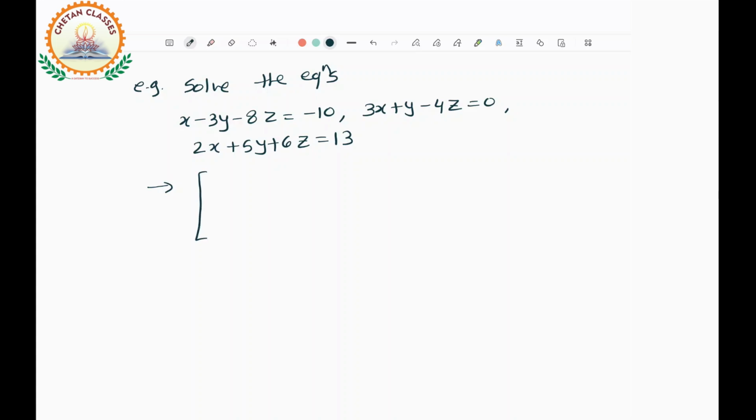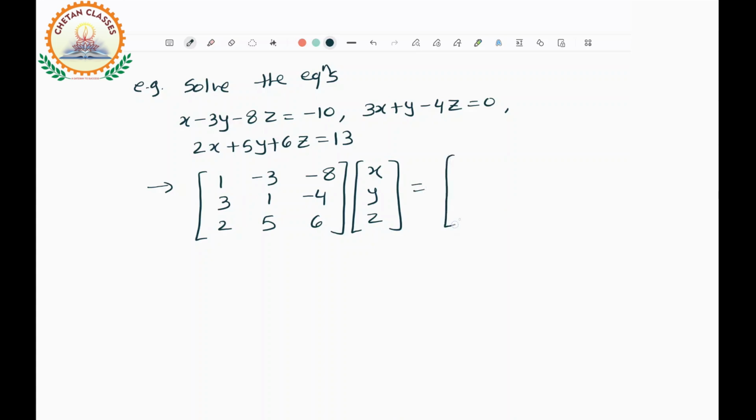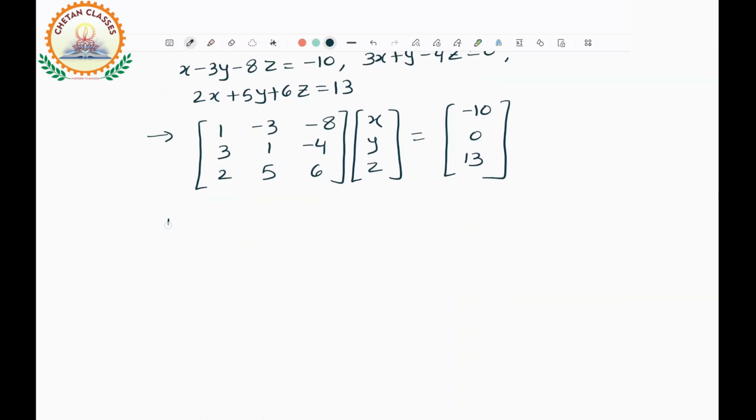Now write this system of equations in AX = B form. So [1 -3 -8; 3 1 -4; 2 5 6] times x, y, z is equal to matrix B, which is -10, 0, 13. Now write the augmented matrix.